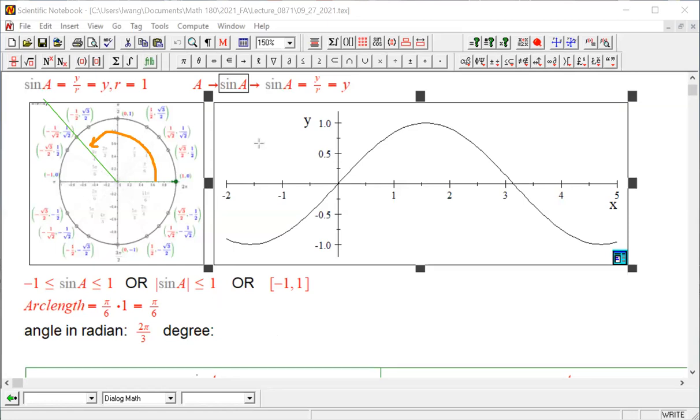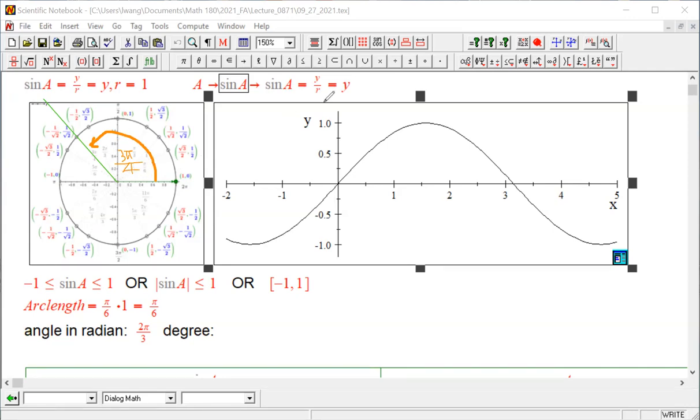So that angle is 3 pi over 4. Okay, pi over 2 is 90 degrees, pi over 4 is 45 degrees. So add these two, you get 3 pi over 4. Okay, fraction. And this angle is 3 pi over 4.